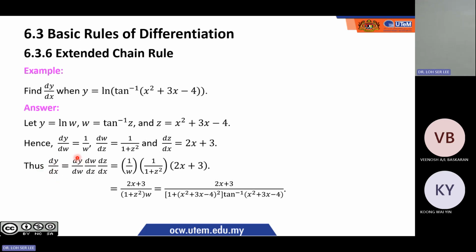So dy/dw: we differentiate ln w, we get 1 over w. Then dw/dz, this one you can find from the list of formulas. When you differentiate arctan z, you get 1 over 1 plus z squared. And then dz/dx: differentiate this with respect to x, you get 2x plus 3.